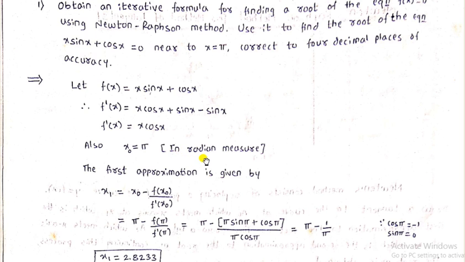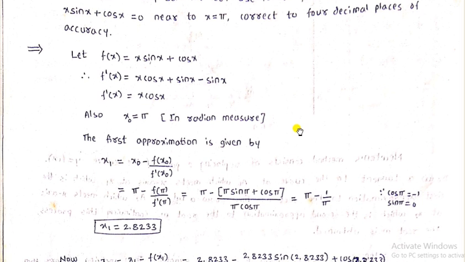So before calculating, you have to set your calculator in radian mode, then calculate the value. It is applicable only for trigonometric functions.